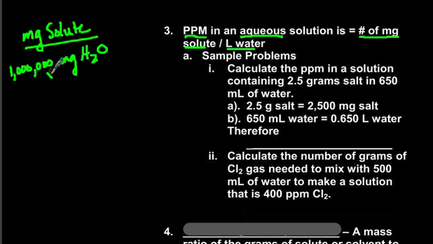But remember, this million milligrams of water equals 1 liter of water. So milligrams per liter is the same thing as parts per million.